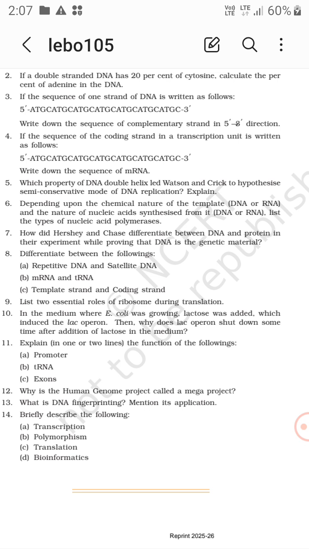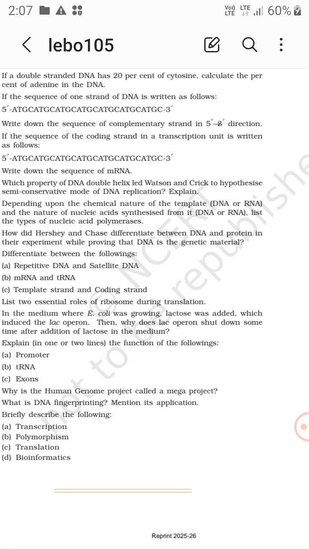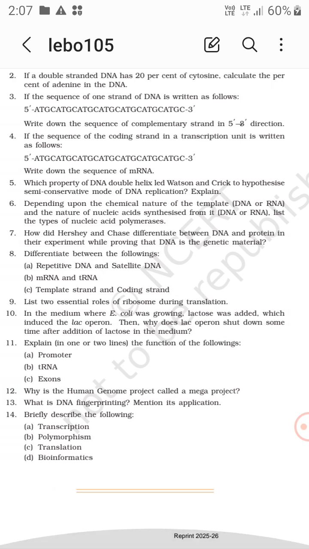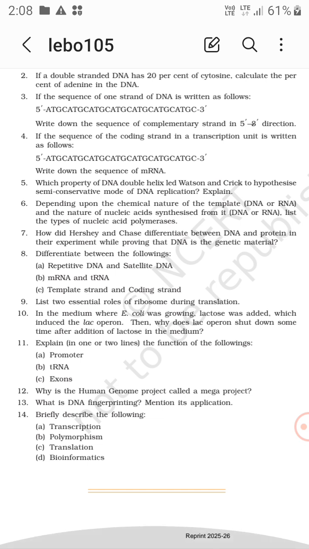The template strand is the DNA strand that is the main frame strand, and the coding strand does not code for anything. It is just named as the coding strand. The naming is done with reference taken from the coding strand.